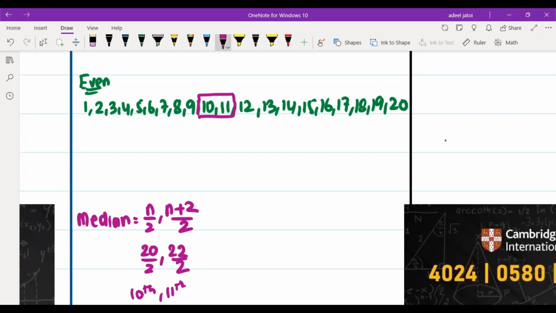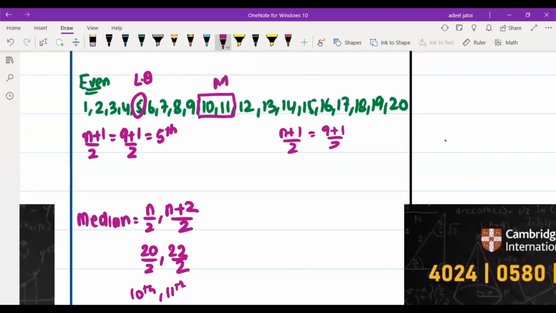To calculate the lower quartile, we do n plus 1 upon 2, which is 9 plus 1 upon 2. The answer would be the 5th value, so this value will be your lower quartile. Similarly, for the upper quartile, 1, 2, 3, 4, 5, 9 plus 1 upon 2 is again the 5th, so 16 will be your upper quartile.